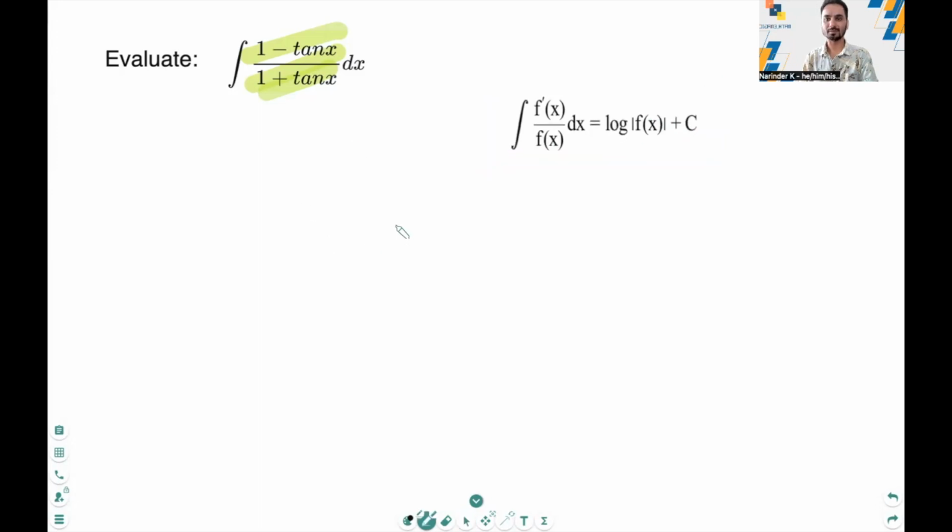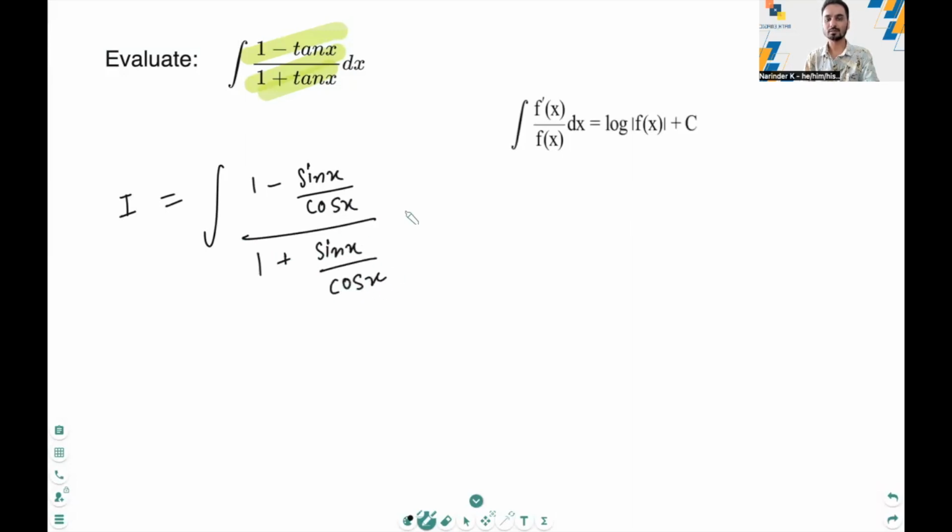So let's get started. The given integral can be written as (1 minus sin x over cos x) divided by (1 plus sin x over cos x) dx, because tan x is equal to sin x over cos x.